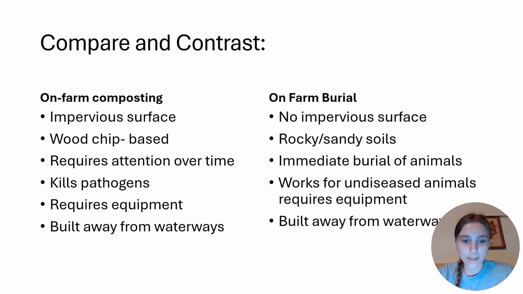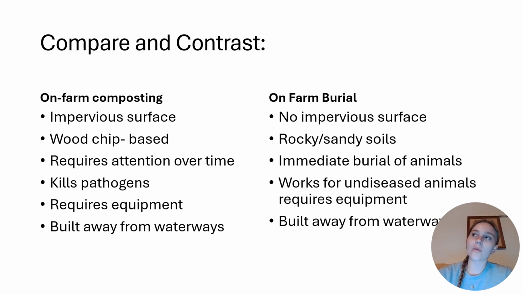One of the benefits to on-farm composting is the fact that if your animal died of disease purposes, for instance, if raising cattle in a dairy herd and they caught the avian flu, the best way to still get the most out of those nutrients would be to compost because those pathogens are killed.